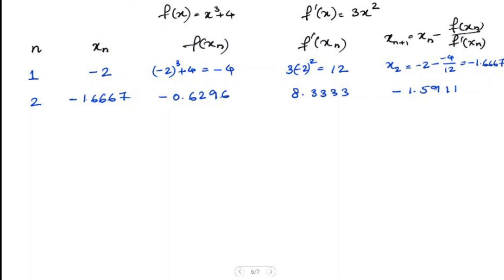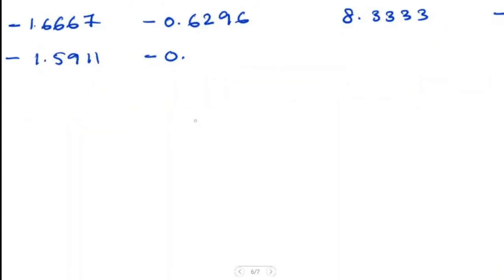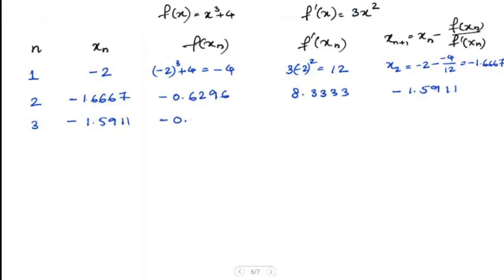Then for the third one, we have x3 as -1.5911. And then we have f of x3 as -0.0281. For the first derivative using the x3 value, we have 7.5949.